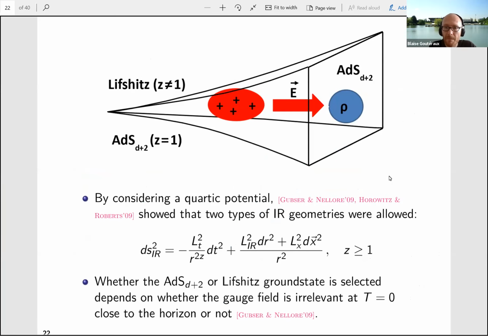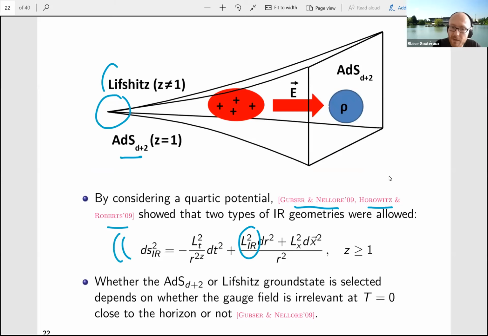Now, these were studied also a long time ago by Gubser and Nellore, and also Horowitz and Roberts. And they found that there are two types of IR geometries. By IR geometries, I mean the geometries that describe this end of spacetime, the near horizon, near extremal part of spacetime. They found that you could either have another copy of AdS with a different radius, or you could have a so-called Lifshitz geometry. This is what a Lifshitz geometry looks like.